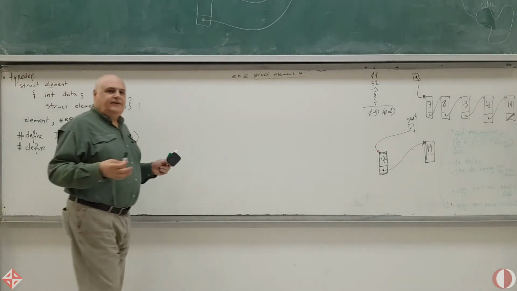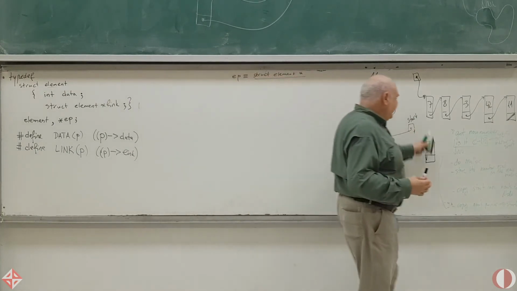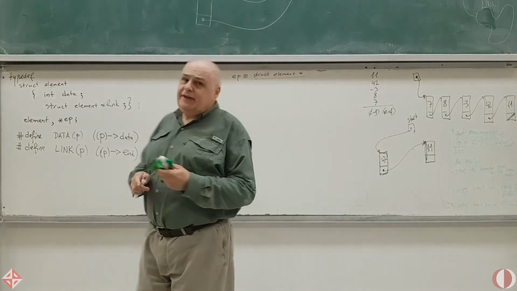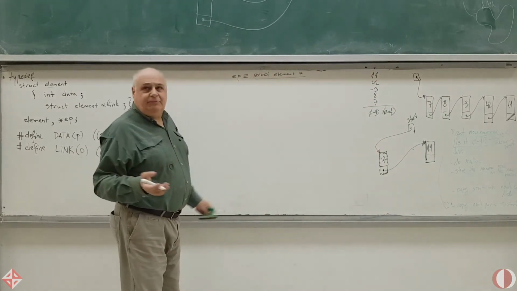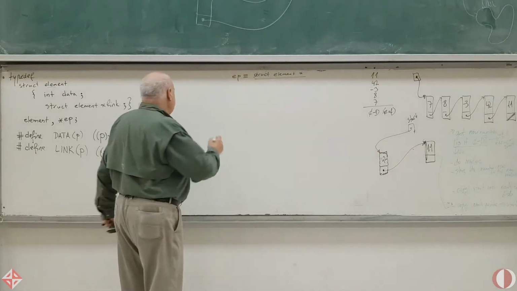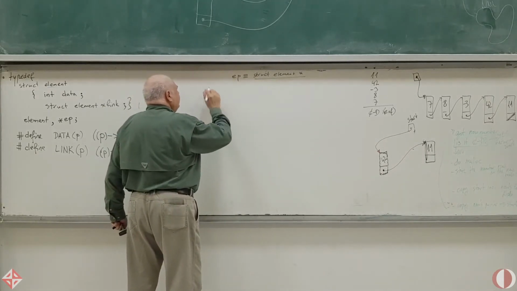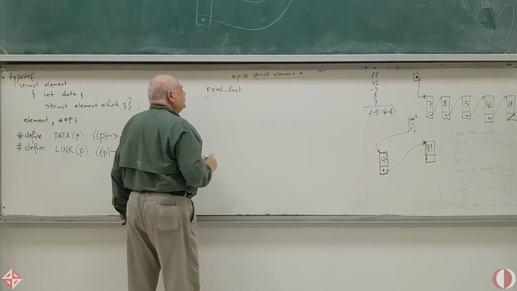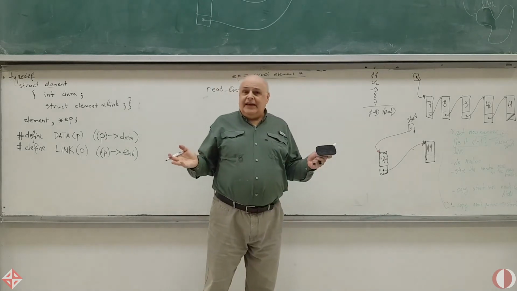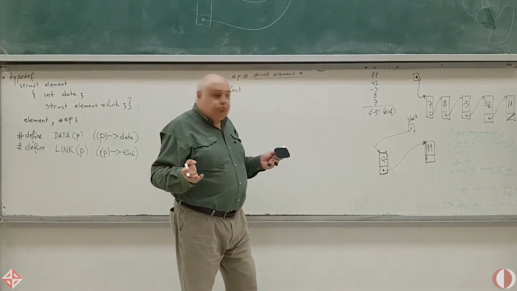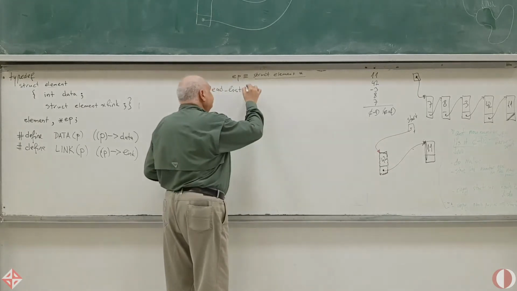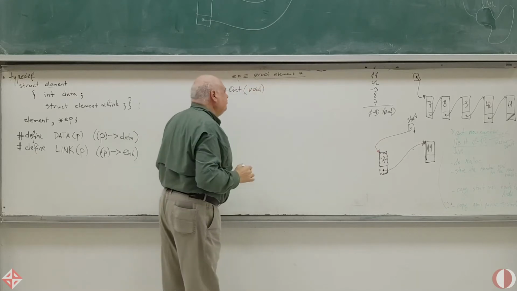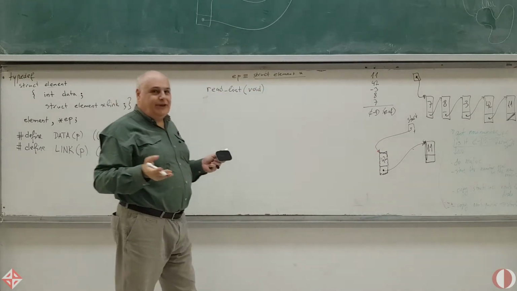Now, let's start coding this algorithm into a function. A function needs a name. What shall be the name? Read list. So we have a read list function. Does it take any argument? No, nothing, so it's void. Does it return anything?